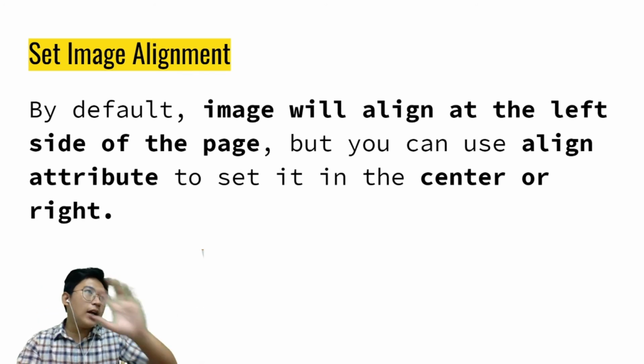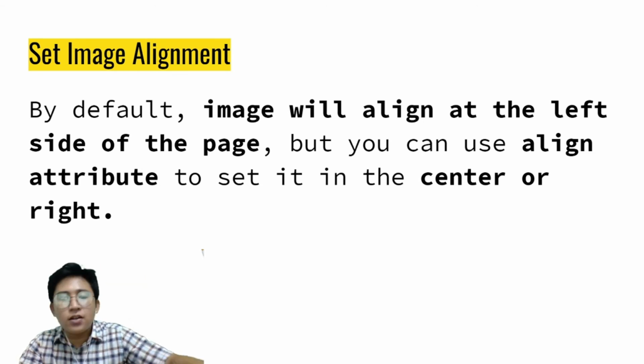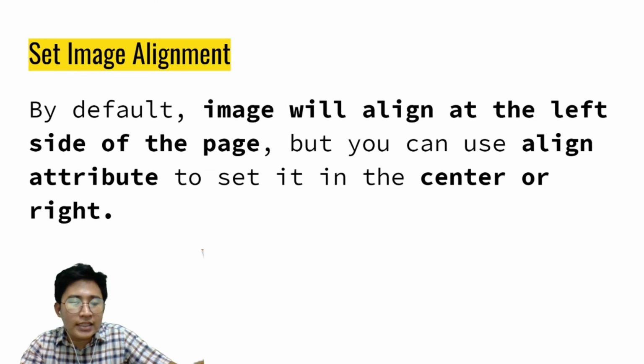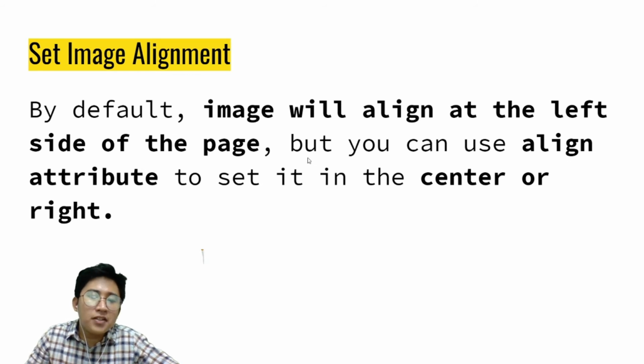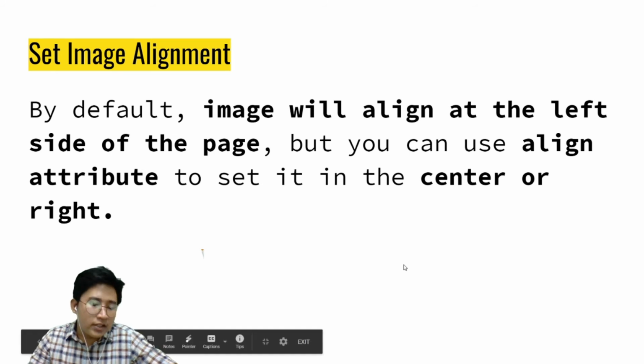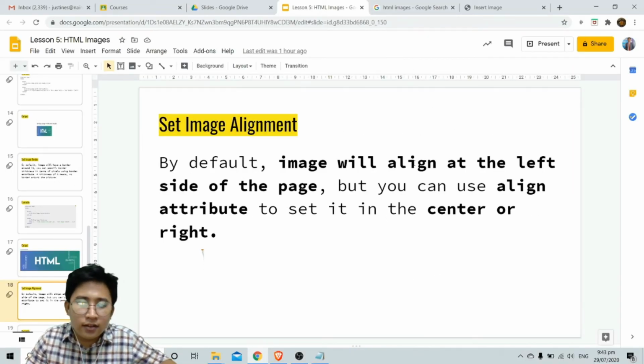If we add an image in HTML, it will be placed on the left side, because that is the default. But we can still change it using the align attribute to set it in the center or right. For example, if you want to put your image on the center or at the right side of your web page, you can just use this align attribute.